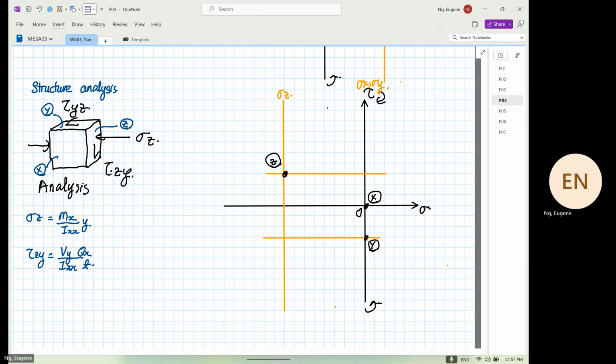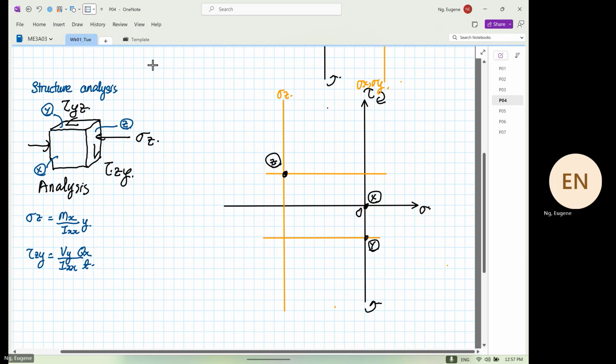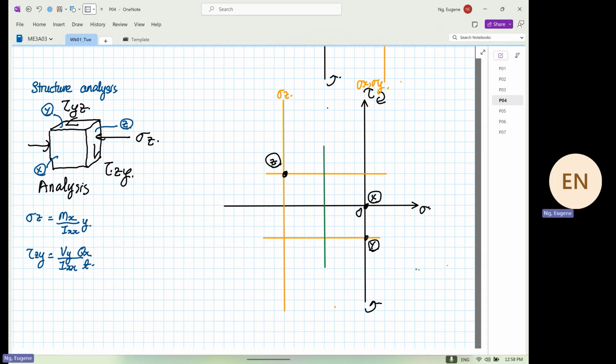Now we construct the 3D Mohr's circle. So how does a 3D Mohr's circle look like? I know for a fact that the center is our average stress. And then we can construct our circle.